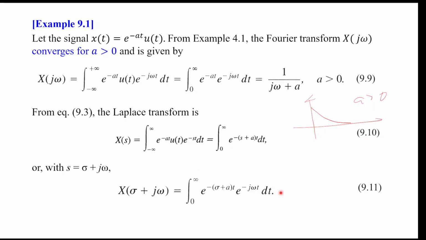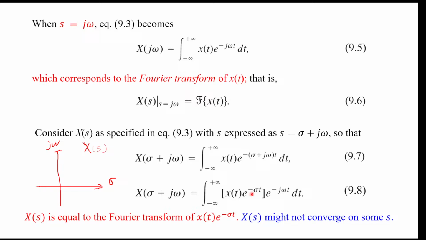And so this is the integration. Then we have the real part and imaginary part. So this is e to the minus sigma plus a t times e to the minus j omega t dt. And so this is the Fourier transform of this exponential decay e to the minus sigma plus a t, cut off by u of t, as this correspondence says.